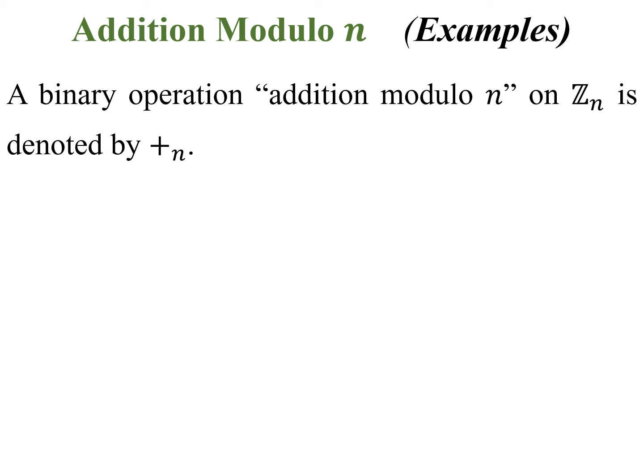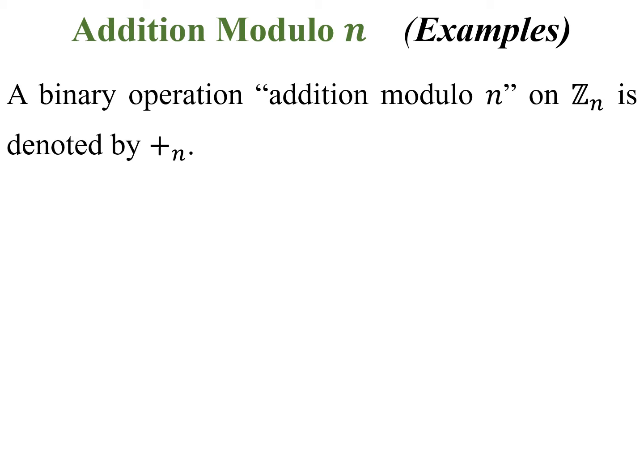It cannot be defined on Z6, Z7 or any other. Plus 5 can be defined only on Z5. Plus 7 can be defined on Z7. Plus 100 can be defined only on Z100.